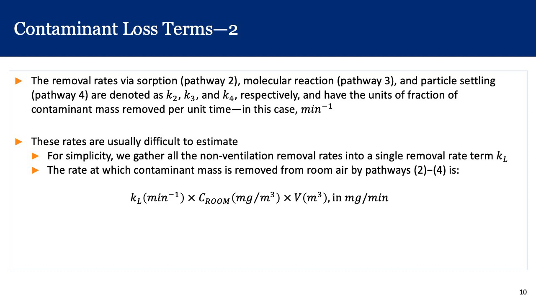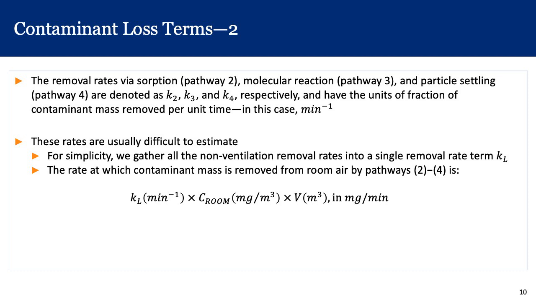And so these are the fraction of the contaminant mass removed per unit time. These rates are usually difficult to estimate. And so, for the sake of simplicity, we are going to gather all of these non-ventilation removal rates into a single removal rate constant called k_L, L standing for loss.